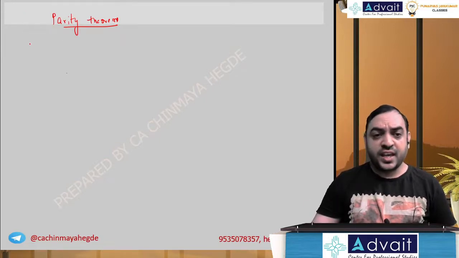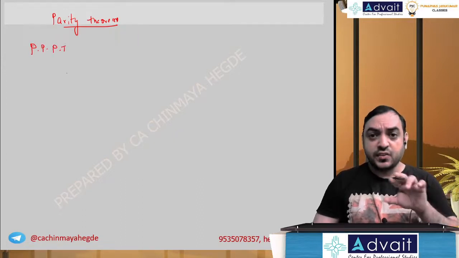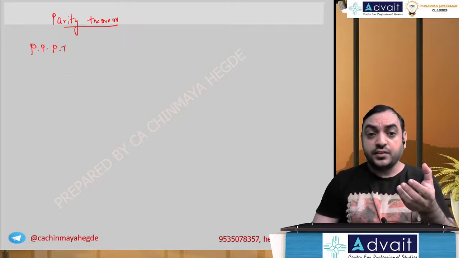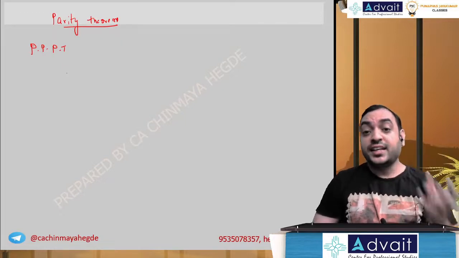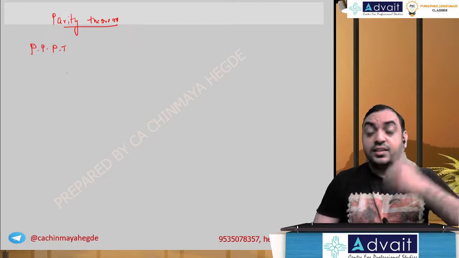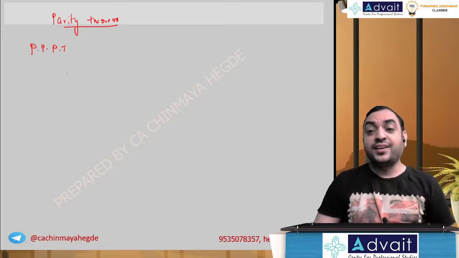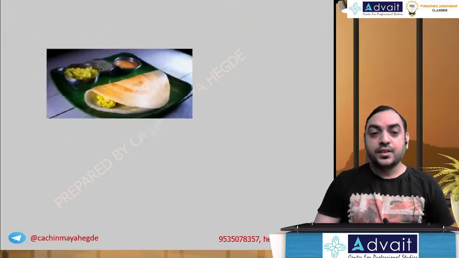Now, parity theorems. The first one among them is the purchasing power parity theorem, PPPT, which basically says how you determine the exchange rate between two countries. It is based on the product they are going to purchase, and two markets cannot have two different values. Let me give a quick example.